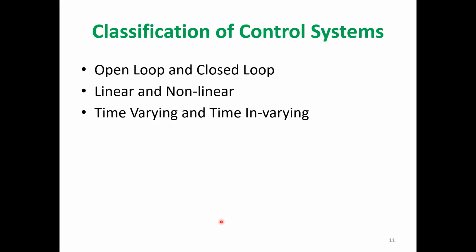And see types of control system: open loop and closed loop, linear and non-linear, and time varying and time invariant. But here, the first and most important one is the open loop and closed loop control system. We have to check this out. Then we'll move. Next.